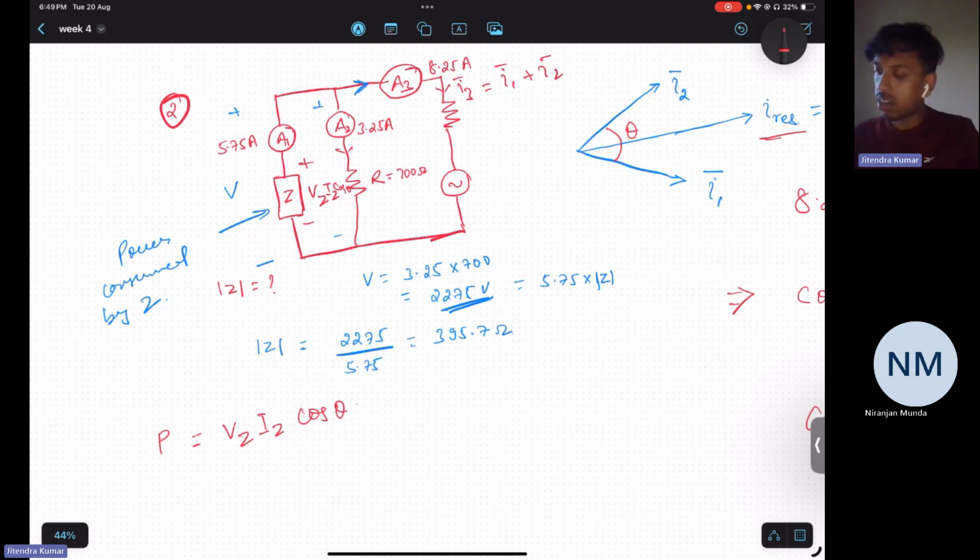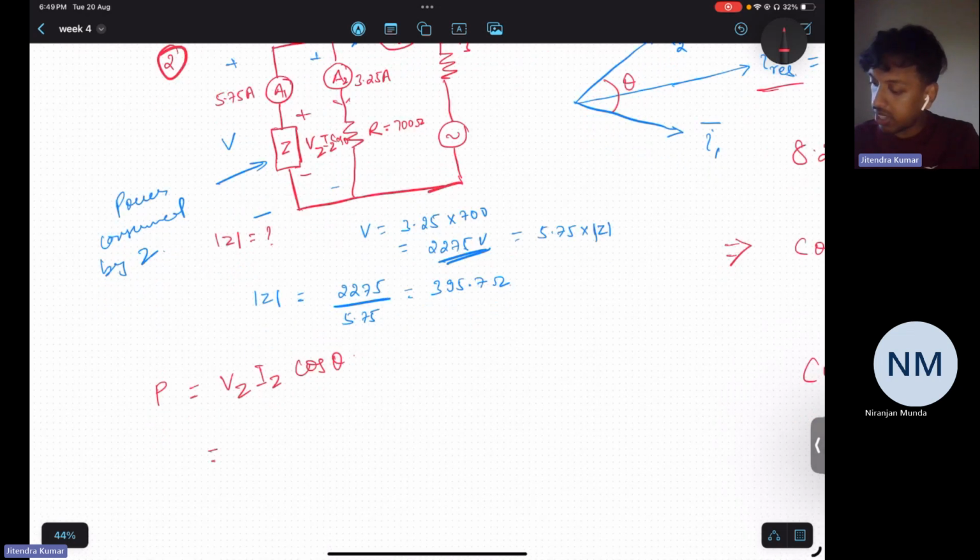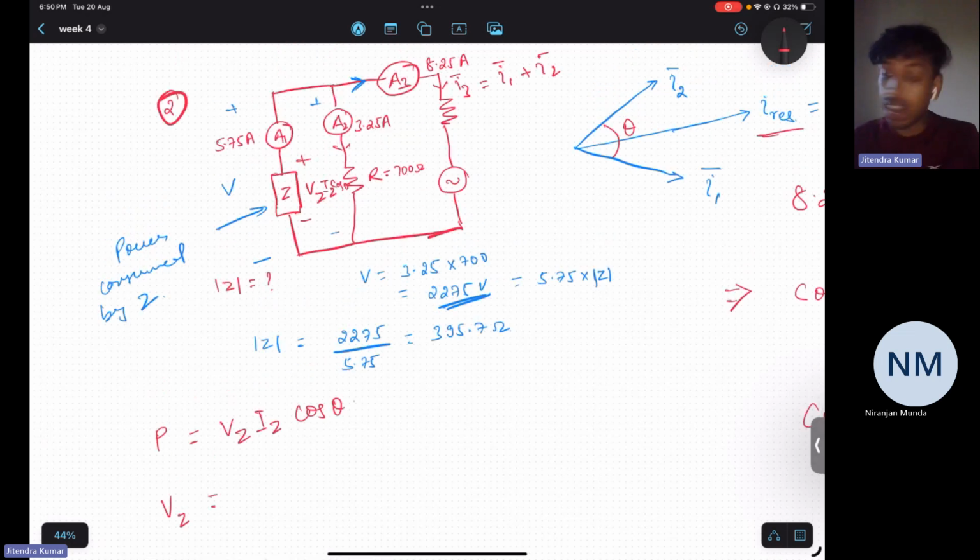So that will be equal to, this Vz we can also call as, Iz is fixed, that is 5.75. Now, Vz will have two components. One is real plus imaginary, or J.